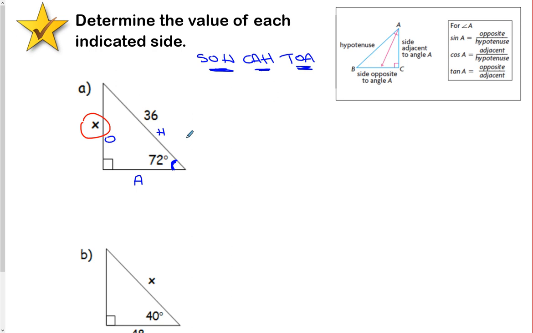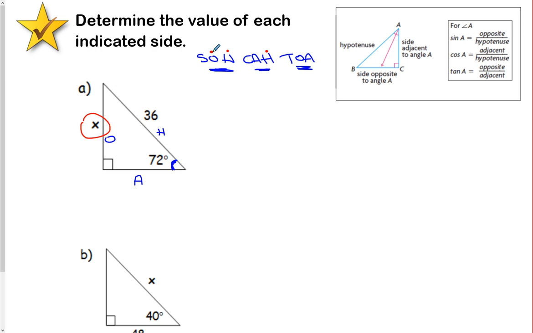So I need to decide which are the important pieces of information here. I need to know what I have and what I want. Well, I notice that I have the hypotenuse. So I'm probably going to be using something that has hypotenuse in it. That probably means sine or cosine, because they both have hypotenuse in them. The opposite side is the one that I want. So that's important.